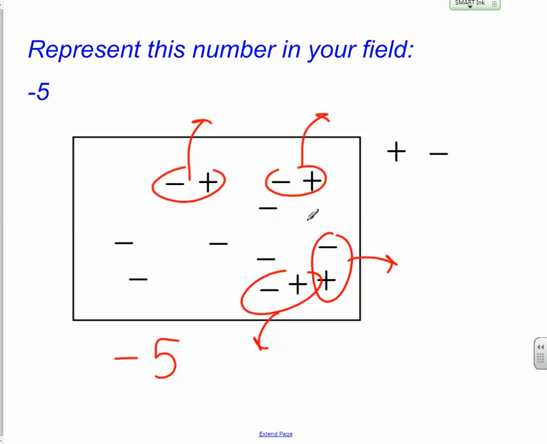This would be 9 negatives plus 4 positives, which gives me a negative 5. And as long as I just match up my positives and negatives and take my zeros out, whatever I have left over that doesn't have a match to make it a 0 is the resulting value of my whole field here, and that would be negative 5.